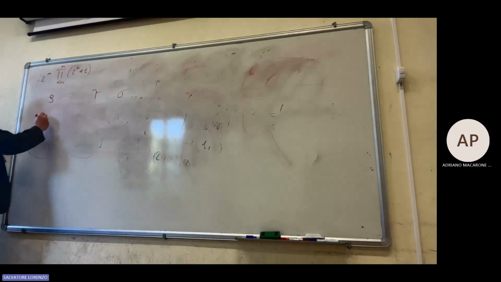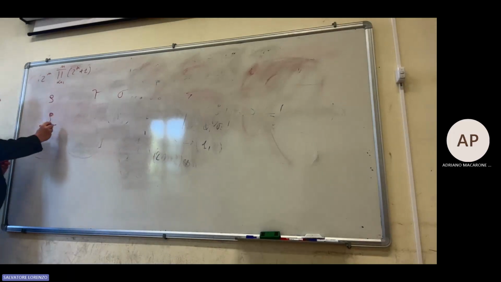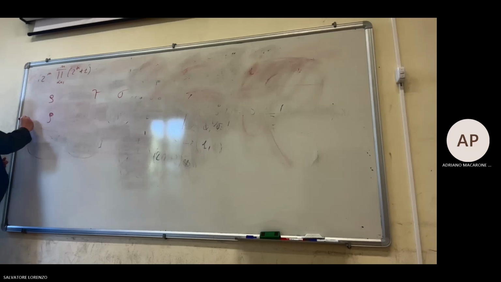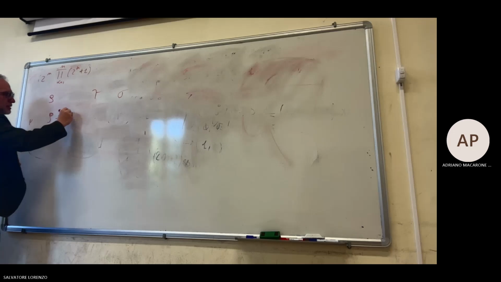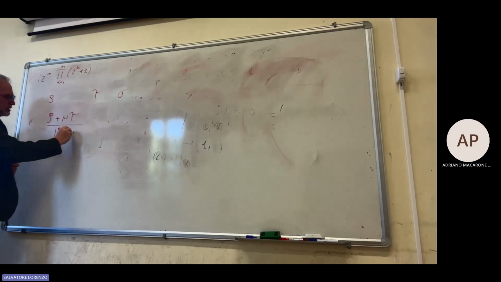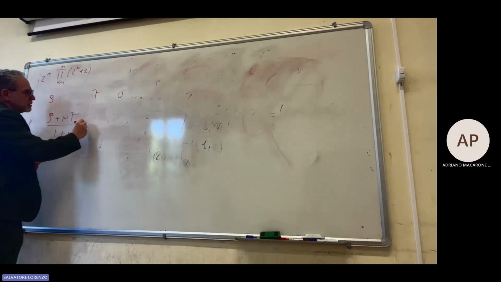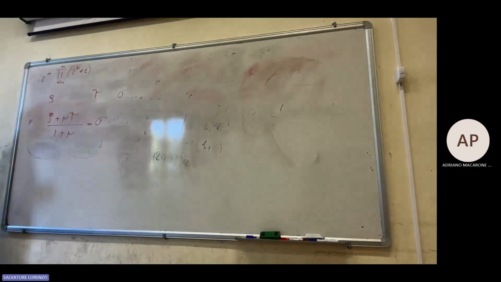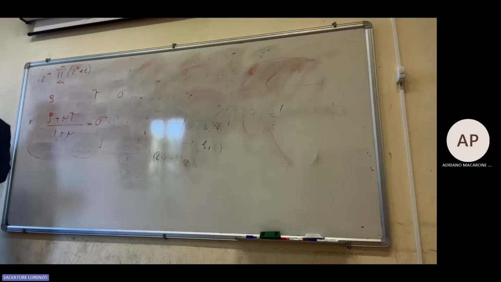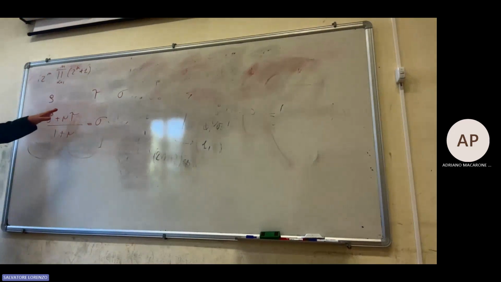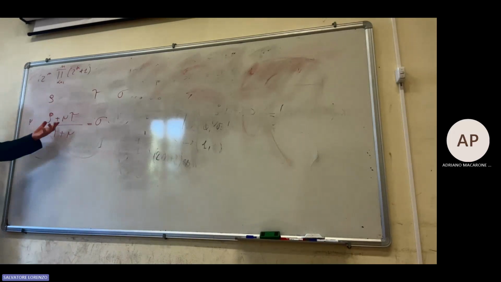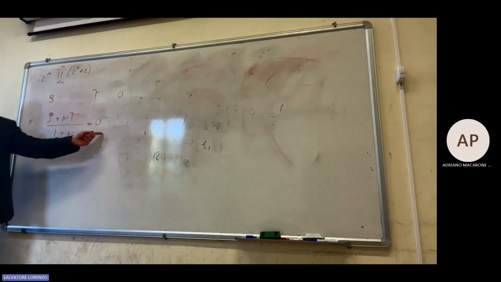The idea is that I try to find the minimum value R for which rho plus R tau, over 1 plus R, this is only for the normalization of the density matrix, is equal to sigma. So if I have my state and I start to increase the noise, and the noise is created by a free state, in our case a stabilizer state, I increase it until I destroy the magic completely and obtain a stabilizer state.